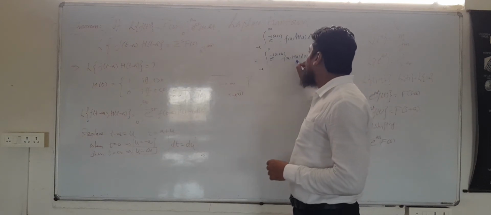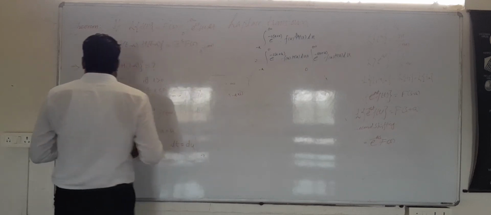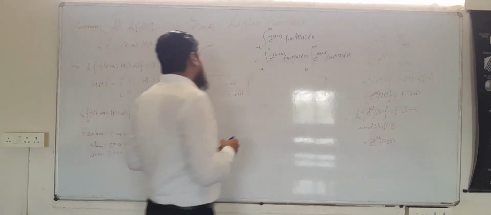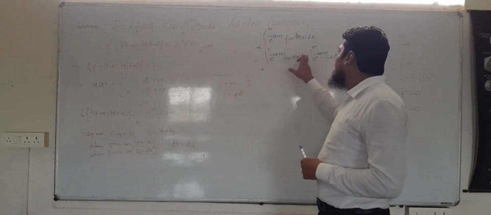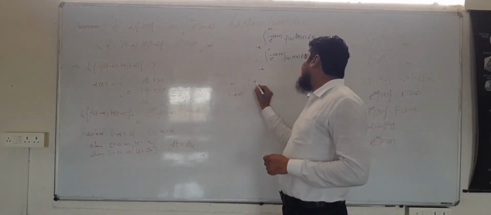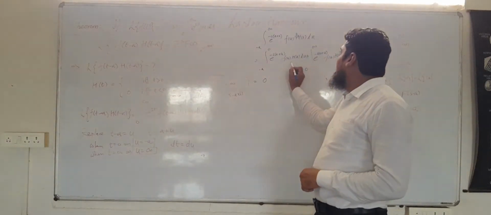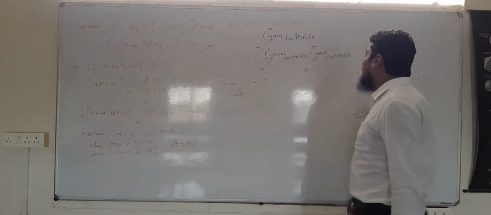Now since we know that in the unit function h(t) is equal to 0 whenever t is negative, this integration shows negative values of u, so we can write it as 0, because h(u) becomes 0, and after multiplication to this integrand we will get 0.